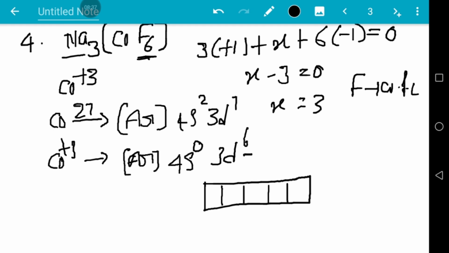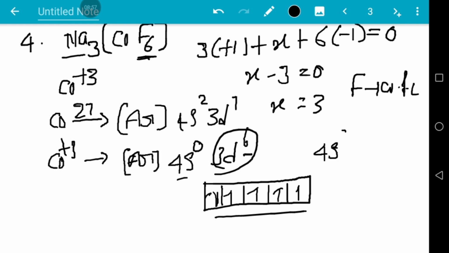So the 6 d electrons also fill like Hund's rule only: 1 2 3 4 5, and one more electron here pairs up. So there is no vacant d orbital. The 3d orbitals have no vacant orbital. The remaining ones, 4s0 is a vacant orbital, and 4p0 and 4d0 are also vacant.